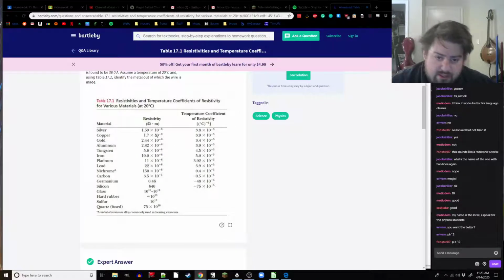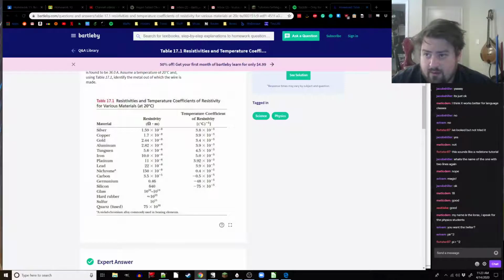So yeah, there you go. There is a nice table of resistivities. Don't worry, I'm not going to ask you to memorize these. These are going to be given. There's also this matter of temperature coefficient of resistivity. The resistivity of an object changes with temperature. I'll give you a formula for that, I think, next week.